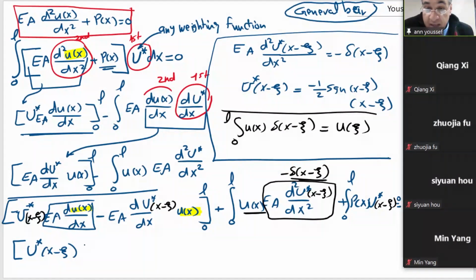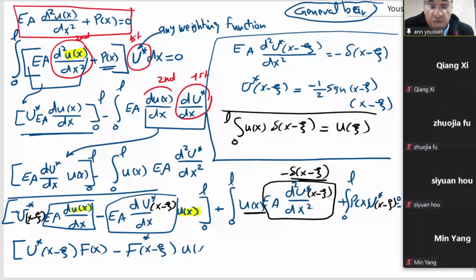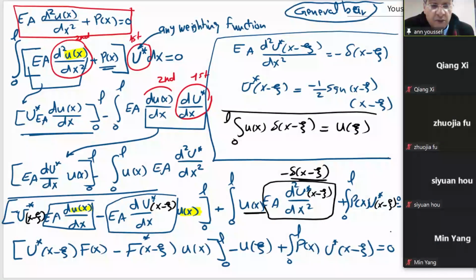It will be f of x, because this is f of x, minus, joining these two parts together again, f asterisk of x minus xi times u of x integrated on the boundary, minus u of xi from the filtering property, plus the integral over the domain from 0 to L of p of x times u asterisk of x minus xi, equal to 0. And this is the direct integral equation.